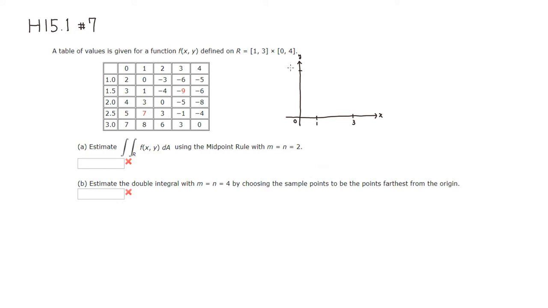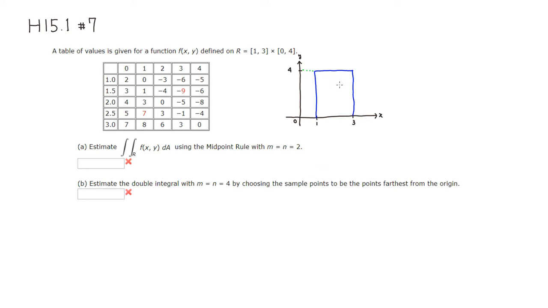So we're looking at this region right here: 1 to 3 and 0 to 4. So this is the region.